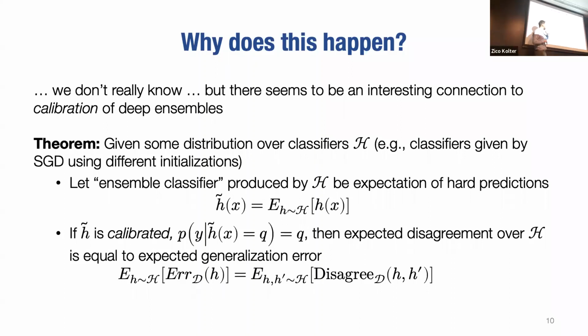If you think about the ensemble classifier, which, in the binary case where H is 0, 1, would be a number between 0 and 1 that averages the predictions.